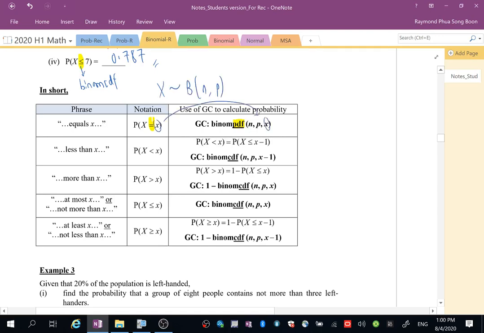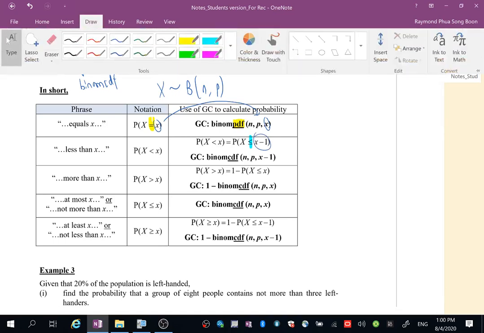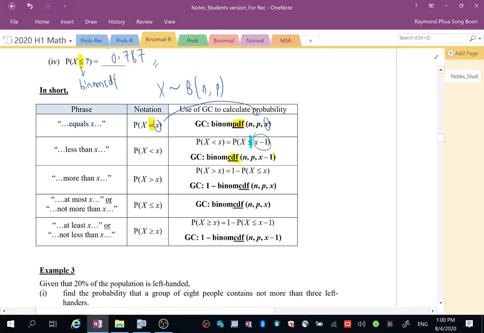If we are finding x strictly less than x, we have to change it to the form of less than or equals to. So probability x less than x is equals to probability x less than or equals to x minus 1. Once we have changed it to this form, you'll be using binom CDF, and what you key in as the third value in your GC will be x minus 1, instead of x.